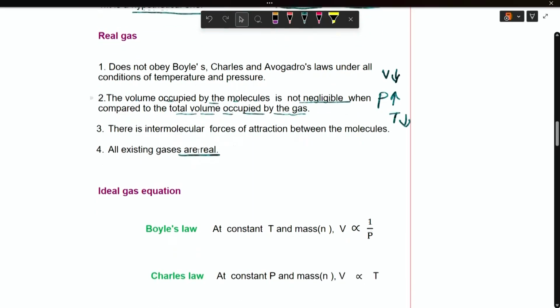Now, we are going to derive the ideal gas equation. We know that an ideal gas is a gas which obeys Boyle's law, Charles' law and Avogadro's law under all conditions of temperature and pressure. So, the ideal gas equation is derived by combining these three laws.